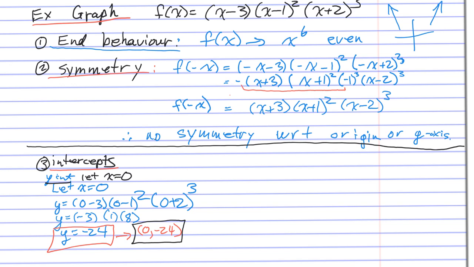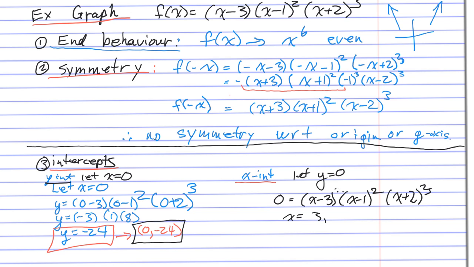So now let's go through calculating the x-intercepts. Because of our original function, you've got (x - 3), (x - 1) squared, (x + 2) squared. The roots or the zeros are given as x equal to 3, 1, and -2.